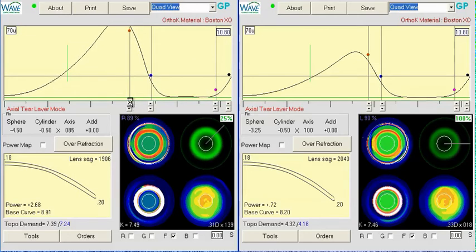For example, here, it's a little bit closer. Because we're in freeform mode, we have to do this in all 8 meridians.